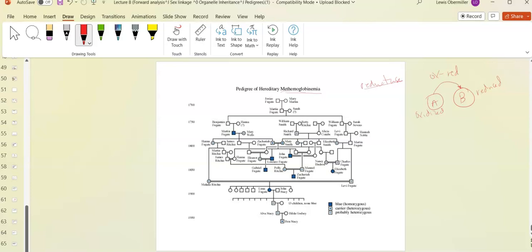But I want you to see what happens when you have these consanguineous matings in here. So we can just count these. There's 1, 2, 3, 4, 5, 6, 7, 8, 9.